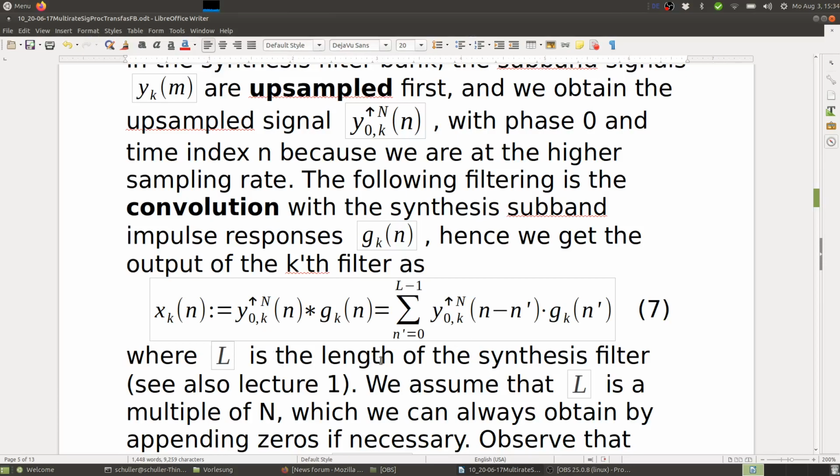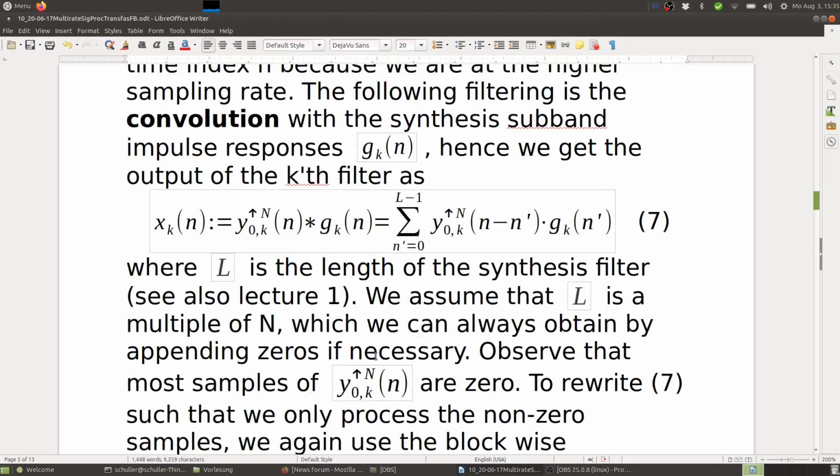So L is now the length of the synthesis filter. See also lecture 1, where you can see this definition. We assume that capital L is a multiple of capital N, which we can always obtain by appending zeros if necessary. Observe that most samples of y upsampled by capital N are 0, because we insert zeros.